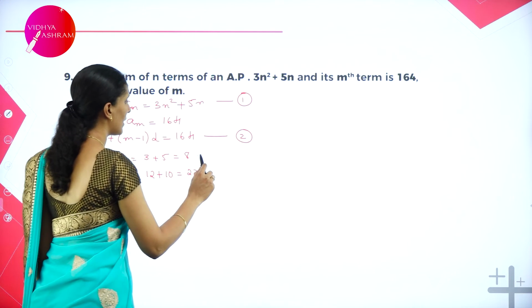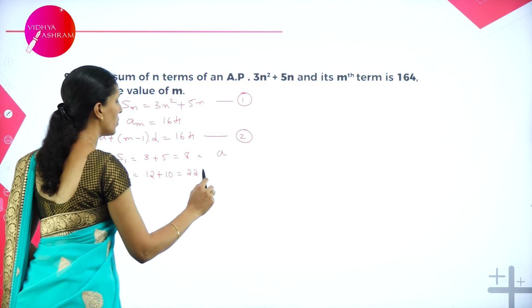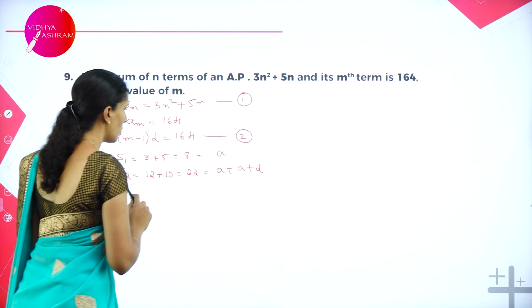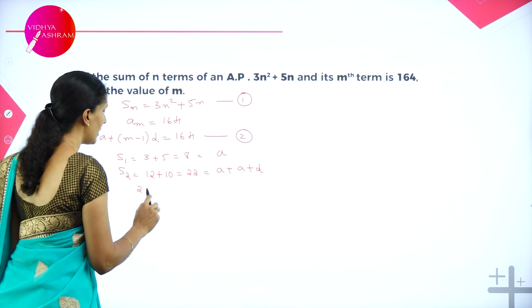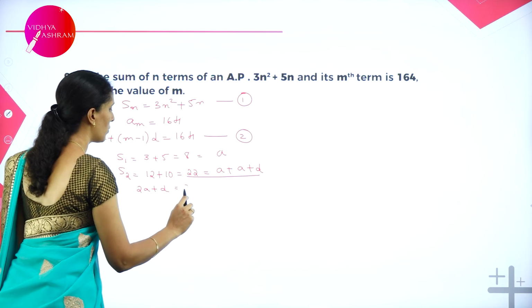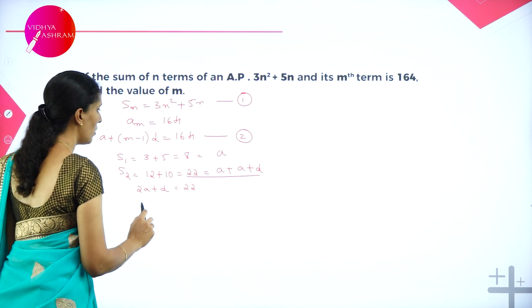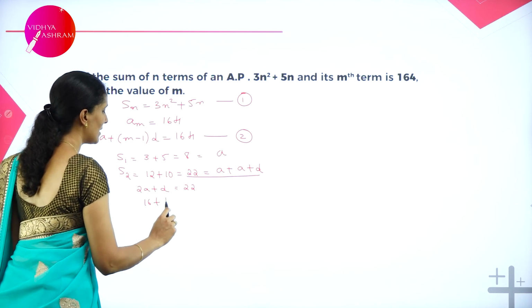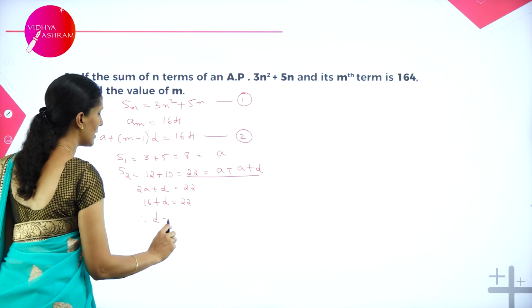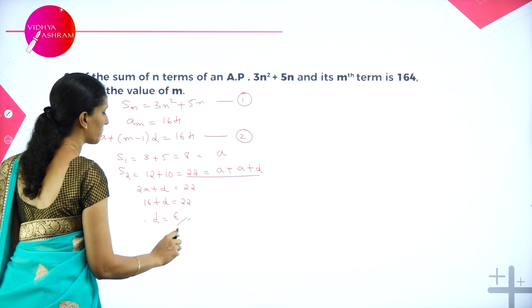So S1 is nothing but a, S2 is nothing but 2a plus d. According to this, 2a plus d is equal to 22. a is given, which becomes 16 plus d is equal to 22. So therefore we get d is equal to 6.